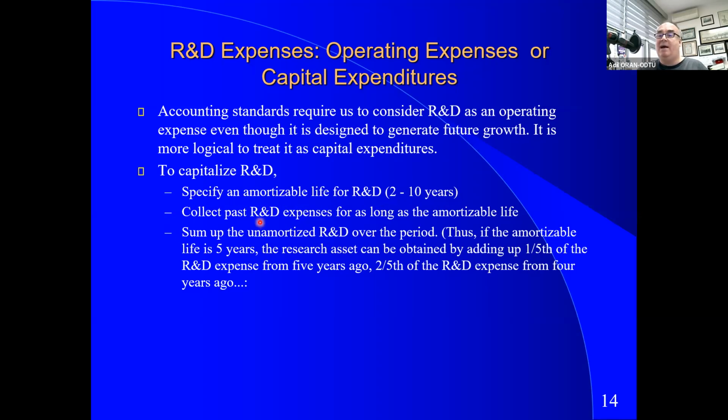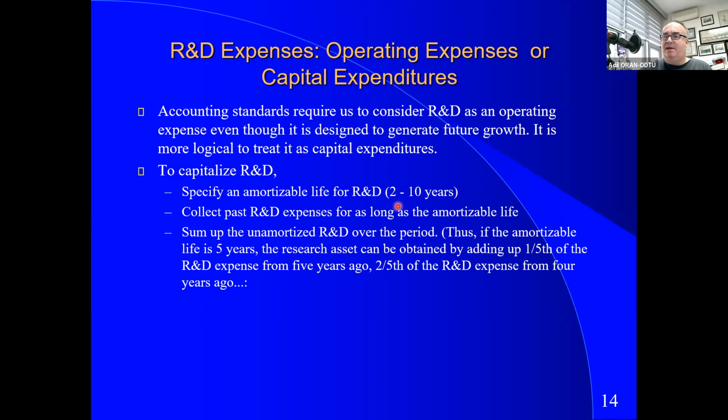You need to go back and collect the R&D expenses for however long you've estimated this useful life to be. And you need to calculate the value of the asset which would be created as a result of this. So sum up the unamortized portion of the R&D, because even if you estimate a life of 10 years, all of the R&D expenditure from last year would still be under assets.